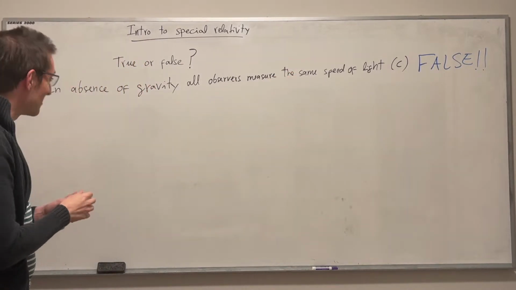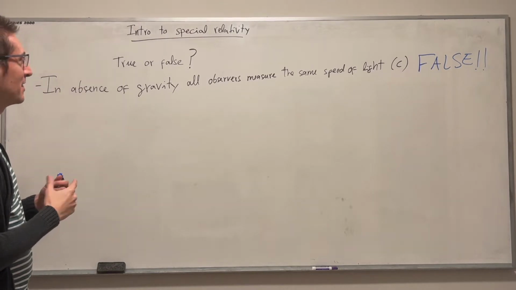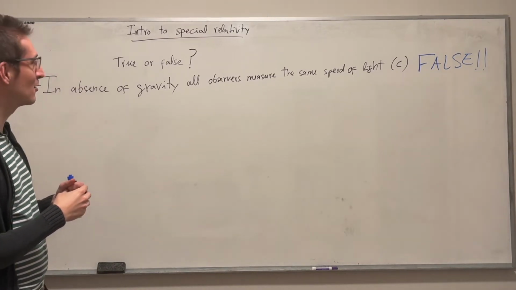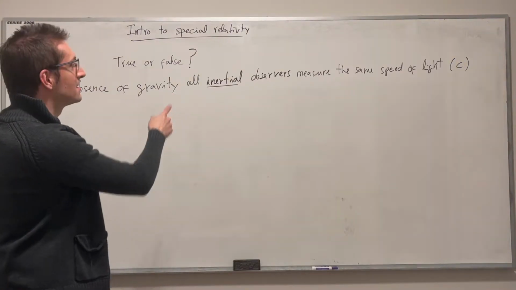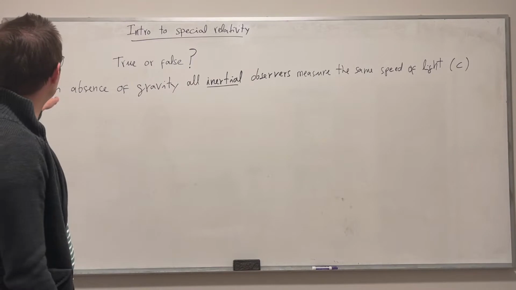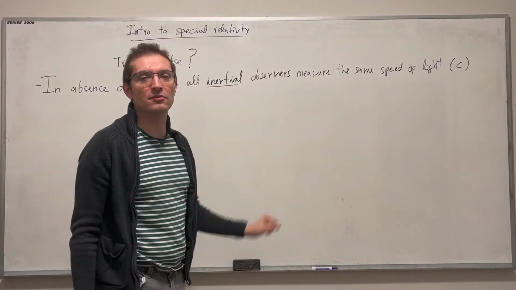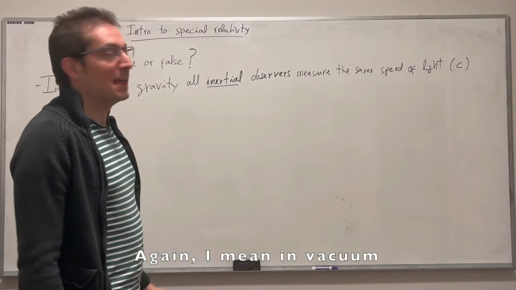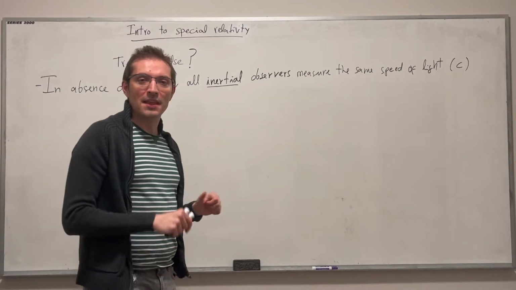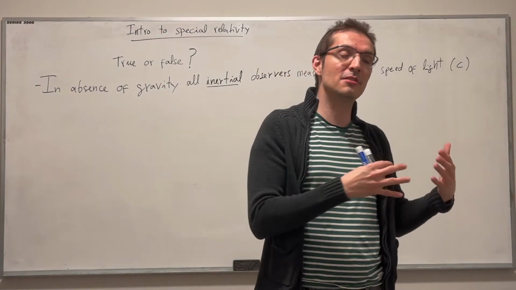All right, well, okay, I need to work harder to get to something that I can call a true statement in the context of special relativity. All right, let's see this one. I added a keyword here, right? And now this reads, in the absence of gravity, all inertial observers measure the same speed of light, c. Now, what does inertial mean? Inertial means that you don't experience any forces as per Newton's first law.